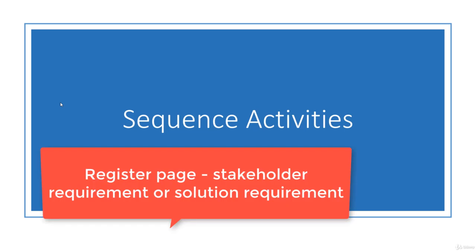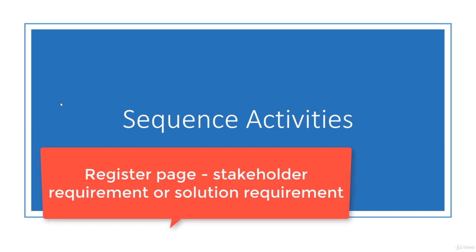So in the sequence, first you have to create register and then login. Register wasn't even a primary requirement. It wasn't a business requirement. Business requirement was just to have a login page. But here, the non-functional requirement is to have a register page or a stakeholder requirement.